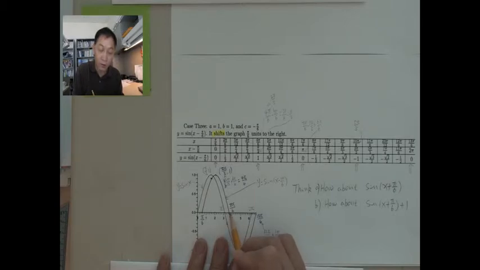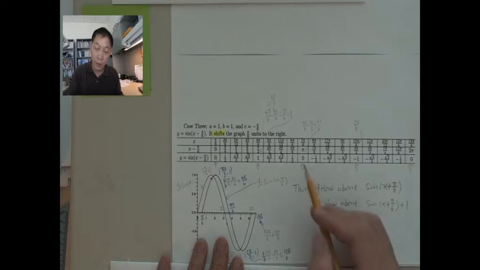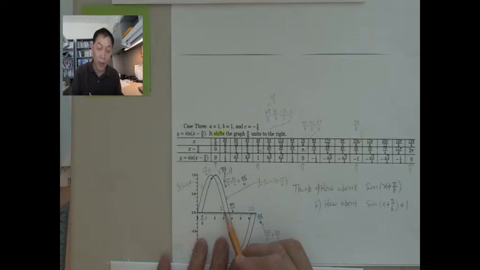So you have a 0. Again, it's easy to see. Previously it was pi, you add pi over 6, so you shift pi over 6 units to the right.